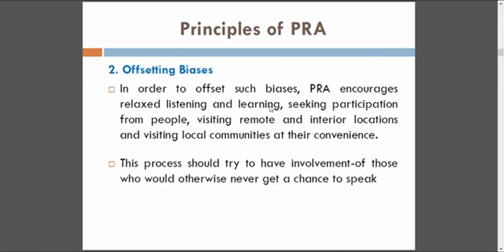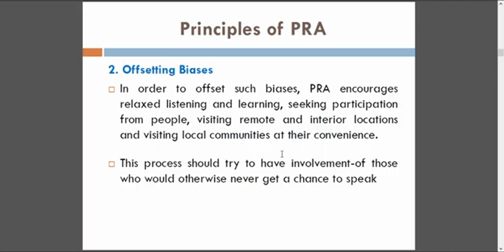And the second principle is offsetting biases. In order to offset such biases which we find in the community, you go with your own perception about this community, your own ideas about the community. So in order for you to remove these biases, participatory rural appraisal encourages relaxed listening and learning, then seeking participation from people, visiting remote and interior locations, and visiting local communities at their convenience.